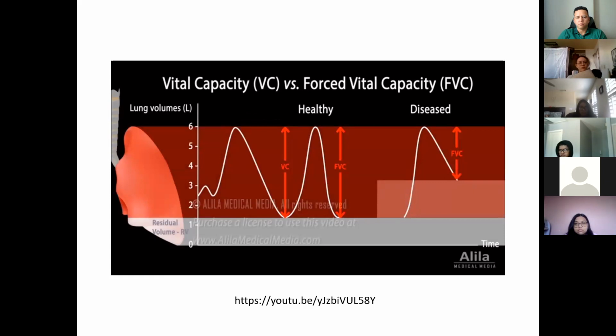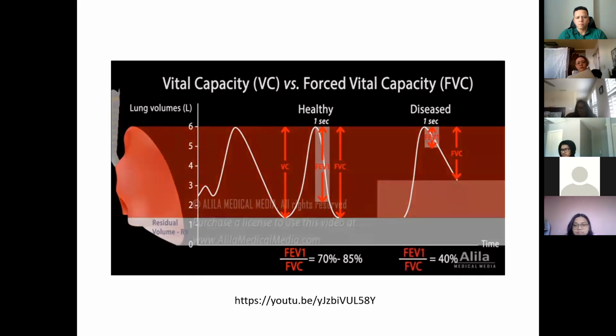Another important parameter obtained during forced spirometry is the forced expiratory volume, FEV1, the amount of air that is exhaled during the first second of forceful exhalation, after a full inhalation. FEV1 is used to calculate the percentage of air that is expelled during the first second. This FEV1 over FVC ratio inversely reflects the resistance to expiratory airflow. In healthy people, it is around 70 to 85%. A smaller number means increased lung resistance.